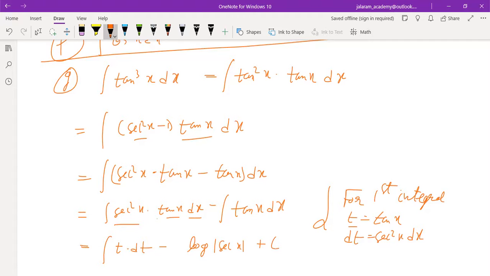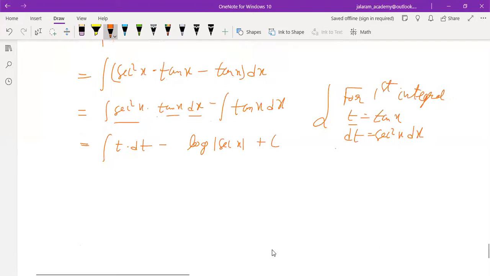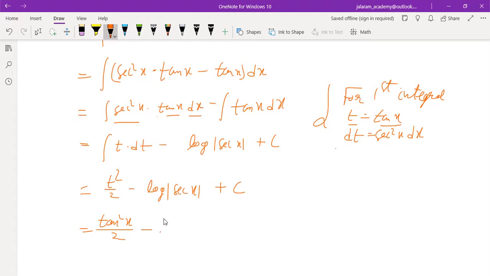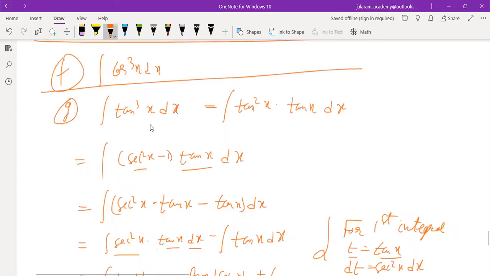This also we have learned in previous sessions, that the integration of tan x is log sec x. So the integration of t is t square by 2 minus log sec x plus c. Now t is tan x, so we can write tan square x upon 2 minus log sec x plus c, which is the integration of tan cube x.